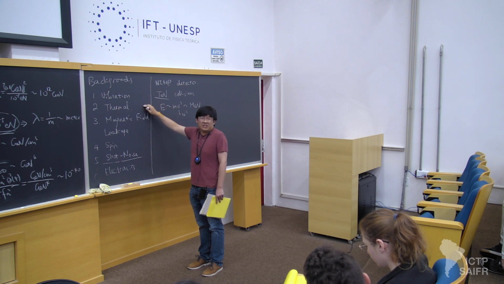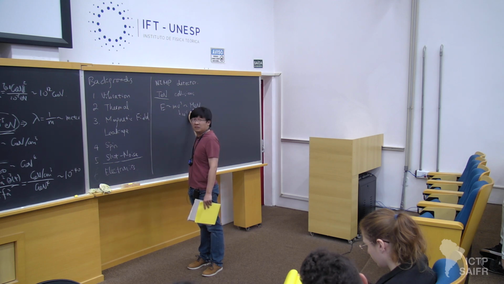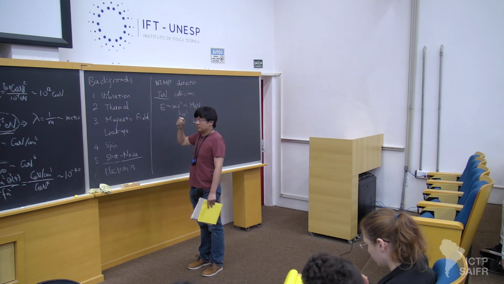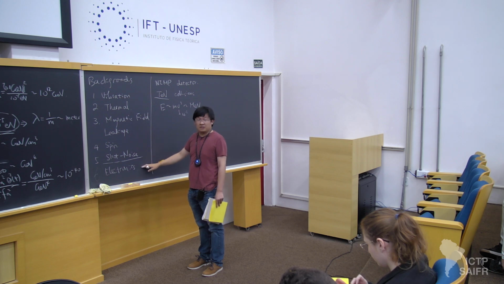Thermal, not so much. Even if I'm at 1 eV temperature, I'm not going to emit something which is MeV. You need to worry a little bit, but not so much. These electronics, maybe.